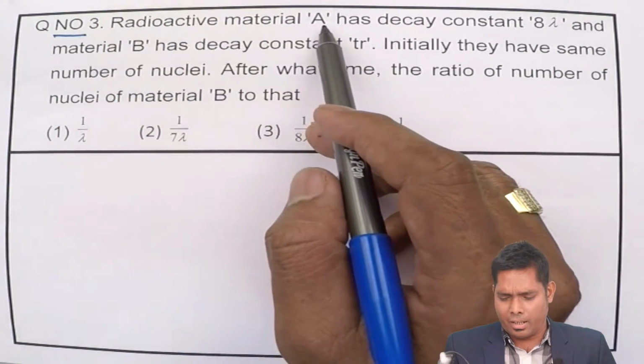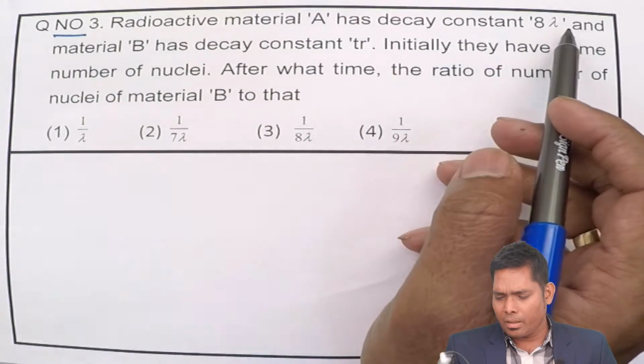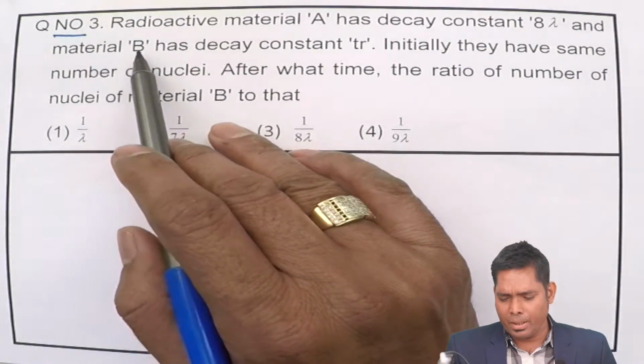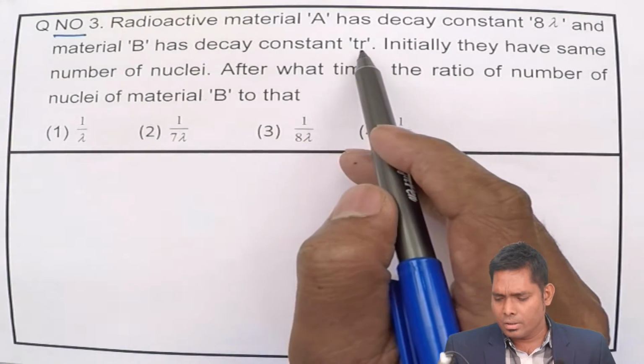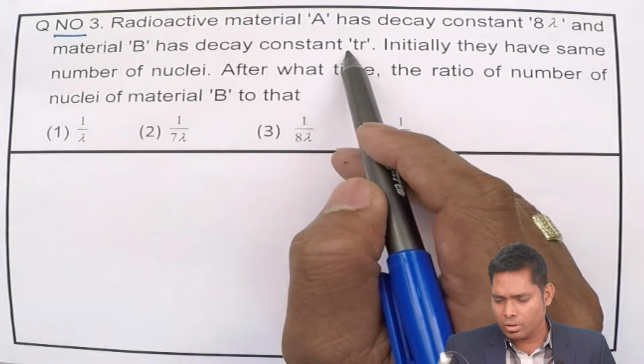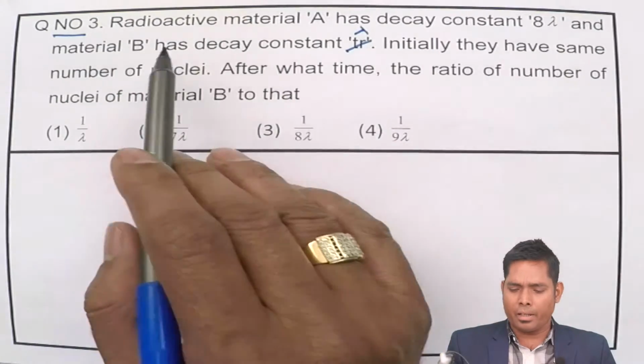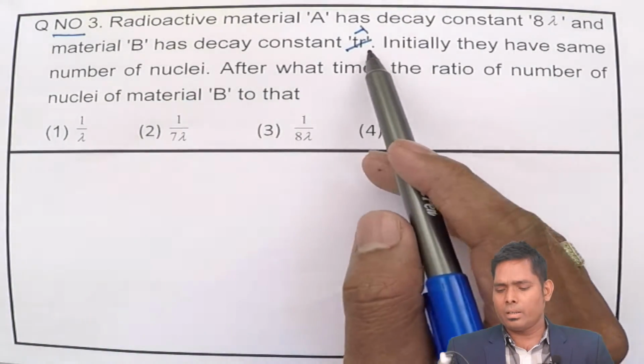Radioactive material A has decay constant 8 lambda and material B has decay constant lambda.